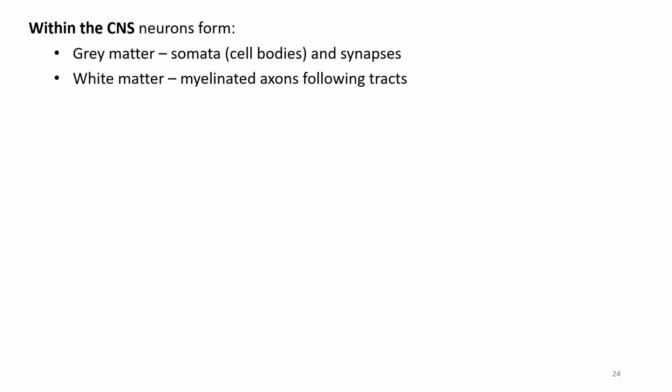And these follow in terms of the central nervous system, the axons, along tracks. Tracks really are the central nervous system version of nerves. In the peripheral nervous system, we have bundles of neurons together forming nerves. In the central nervous system, those axons bundle together within tracks.